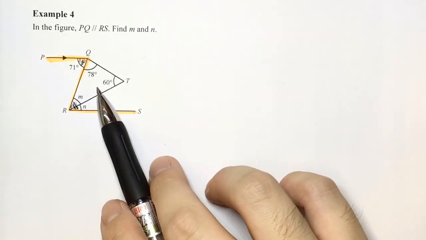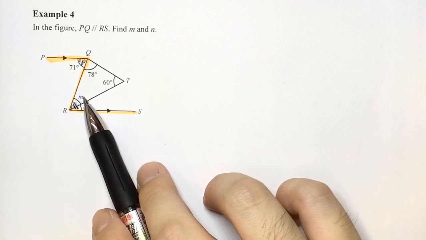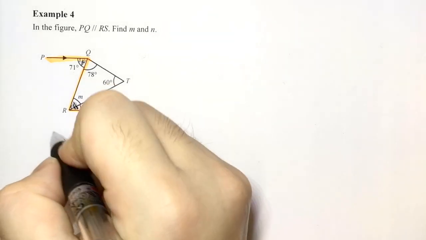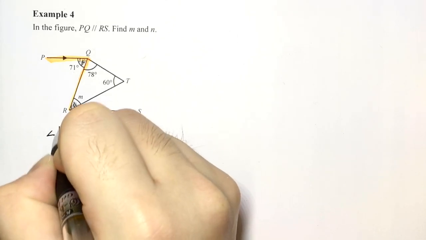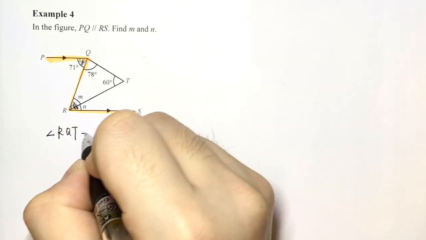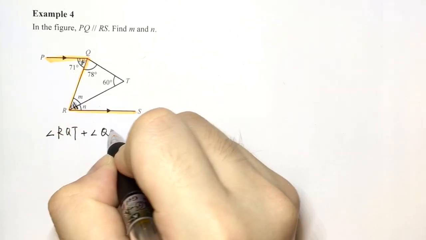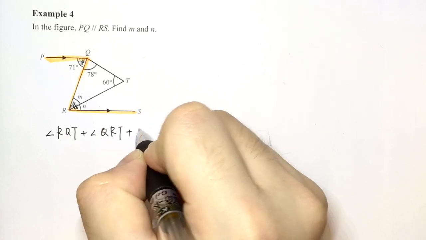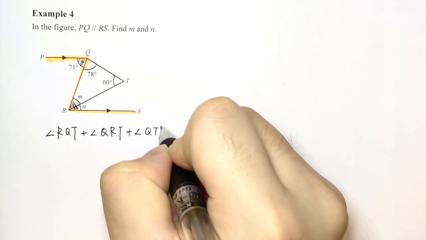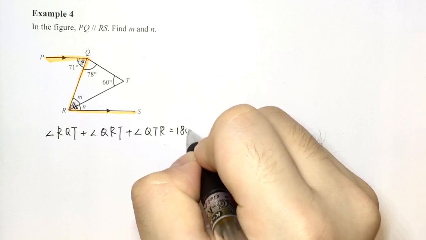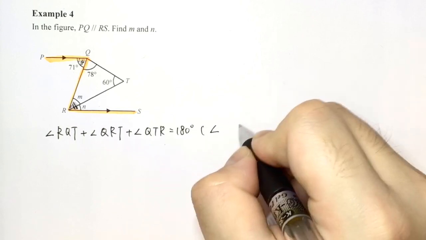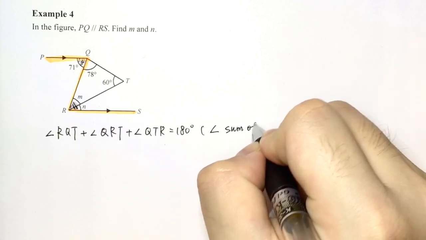We need to start with the triangle because there's only one unknown, M. So we have angle RQT together with angle QRT and angle QTR. The sum is 180 degrees, with reference angle sum of triangle.